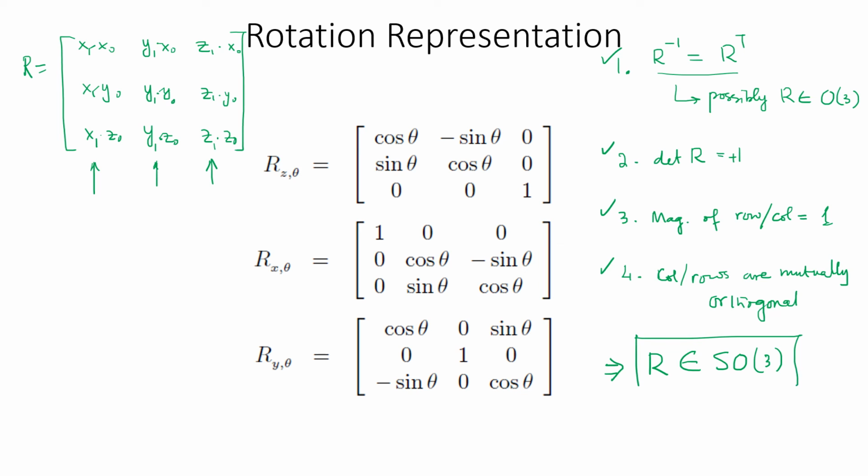In other words, rotation matrices are orthogonal matrices. And when these are orthogonal matrices, we are definitely going to get benefit from these properties. And this is what you're going to observe subsequently as well.